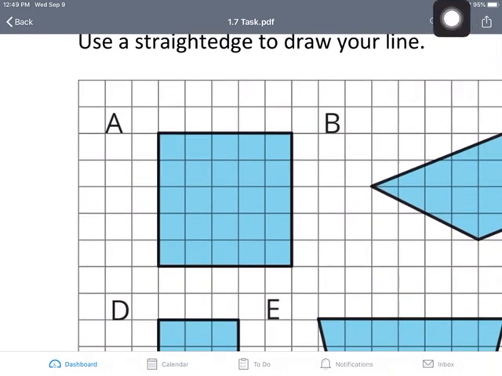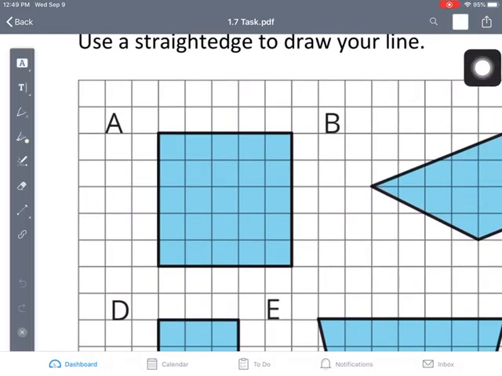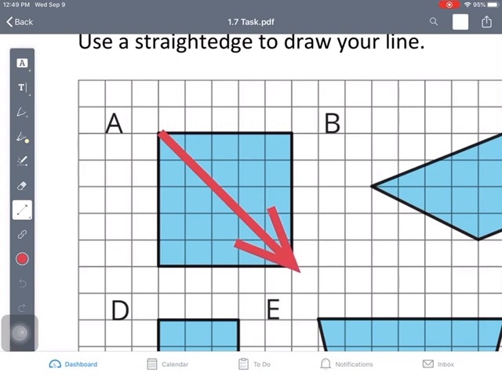I'm going to use my tool up at the top. I'm going to select my line. So I'm going to start here and then go right here. Now, if you don't want to use it with an arrow, that's fine. You could also just hand draw it. I'm going to undo that one. I could do it this way.